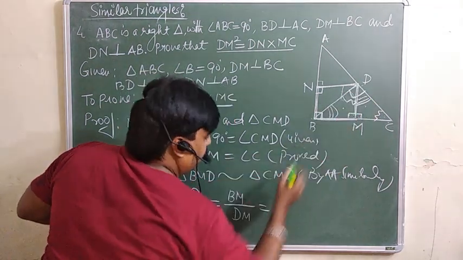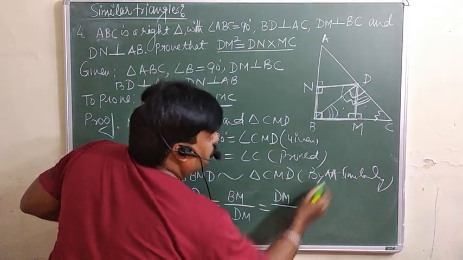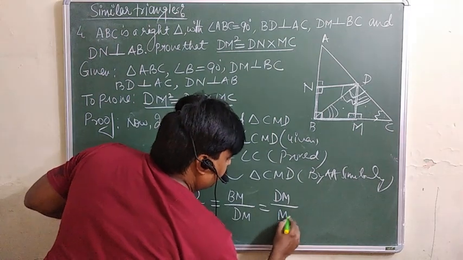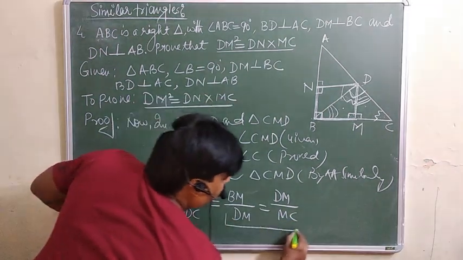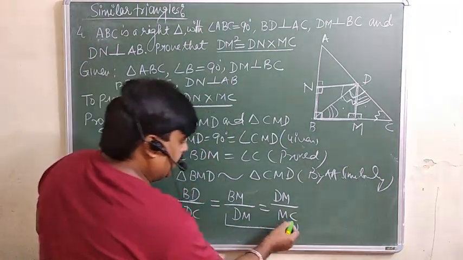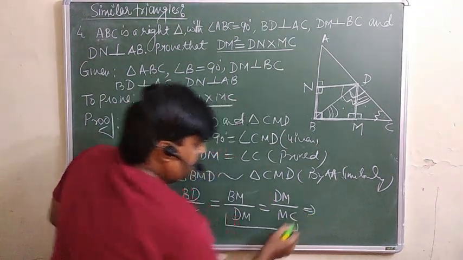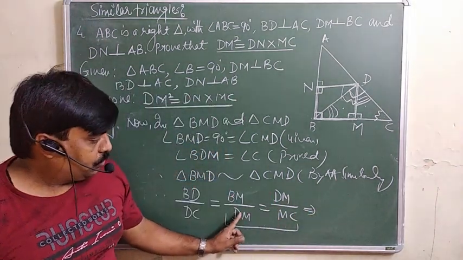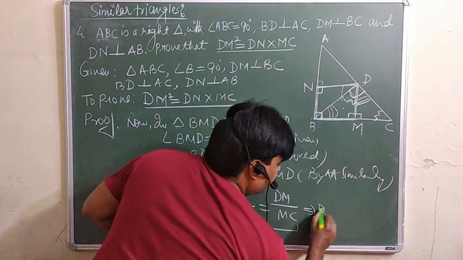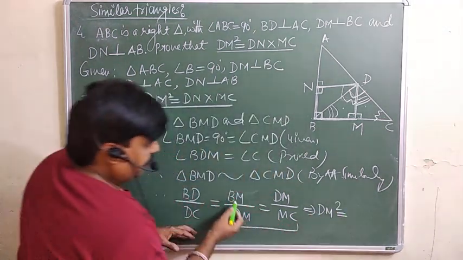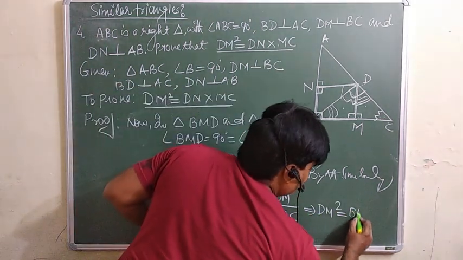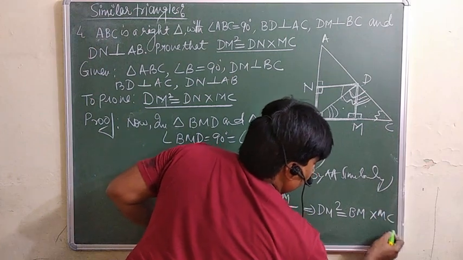So this opposite side is DM over this opposite side is MC. But you can take from these two. So you will do the cross multiplication. So DM into DM, you can get DM square and this is BM into MC. This is you are getting.